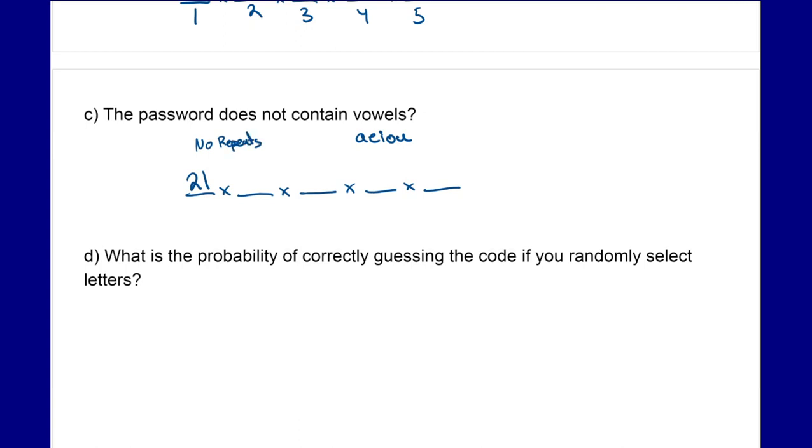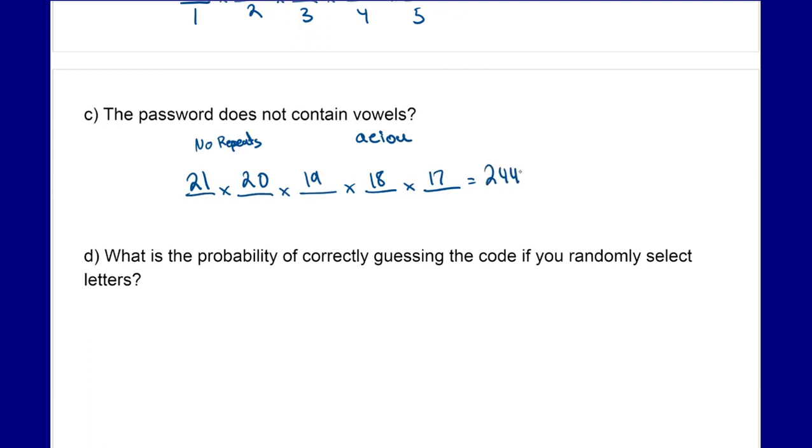So no repeats, so 21 options, then 20, then 19, then 18, then 17, because one letter gets taken, which leaves me with one less for the next event, and so on.